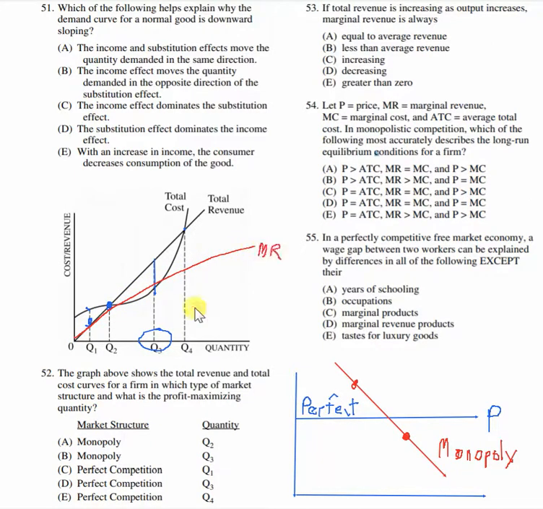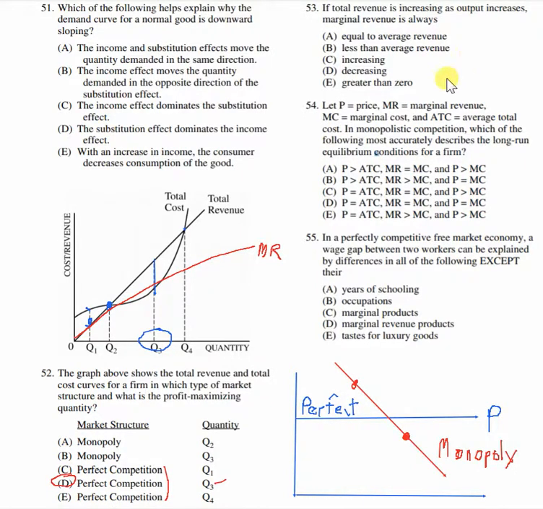Looking at this graph, we see that the total revenue curve is exactly linear. We'd expect that from a horizontal demand curve, which we see in perfect competition. So from the revenue curve, we know that it's perfect competition, which is one of these, and we know that the profit maximizing quantity is Q3, which looks like this one. So the answer here is D.